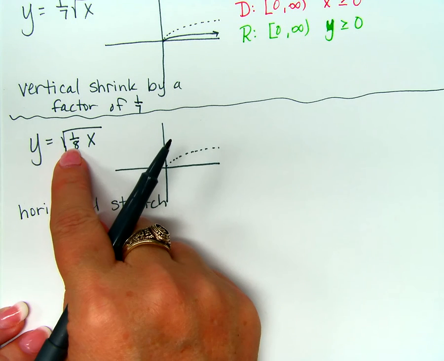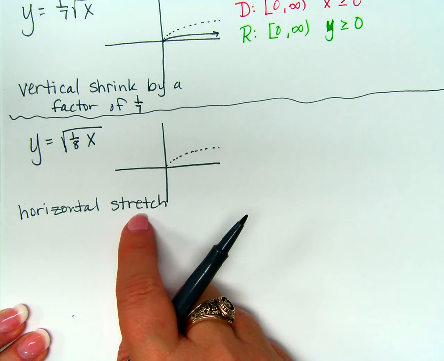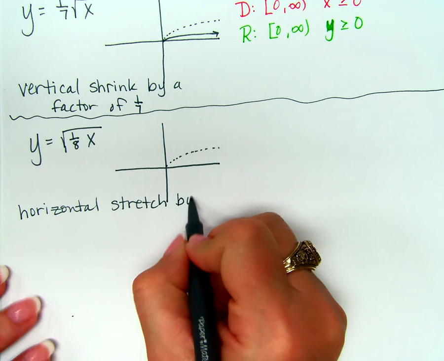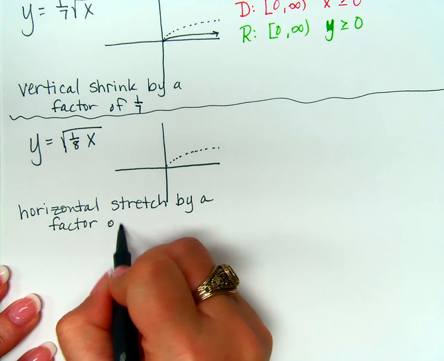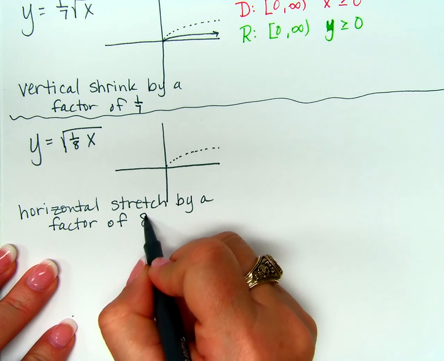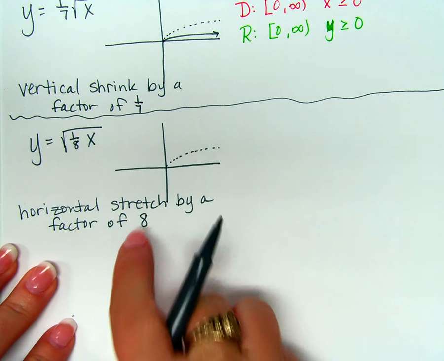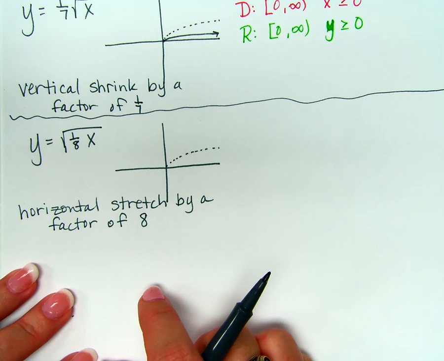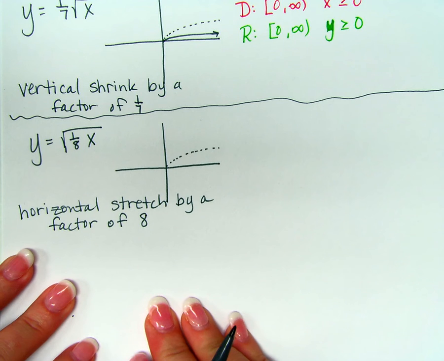You think it's supposed to be a shrink because it's between 0 and 1, but since it's inside, it's the other one. If it's a fraction, is it always going to stretch? No? Oh, okay. So don't do it that way. What's this a stretch by a factor of? 8. Yes. Absolutely. So how come it wasn't included in 170? Because it's on the outside.